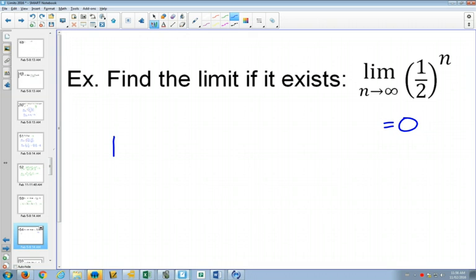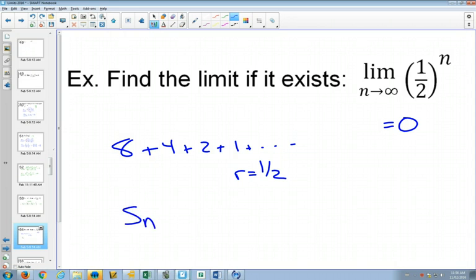I started 16 away from the wall, and then I walked half the distance, so I walked 8 plus 4 plus 2 plus 1, and so on. You were first introduced to the idea of limits in geometric sequences. Here the r value is a half. Now, if you go back to your formula sheet in grade 11, you have a sum of the first n terms of a geometric sequence.